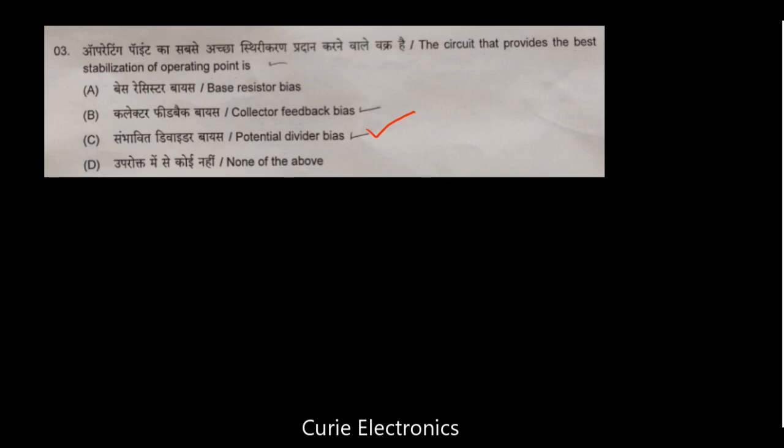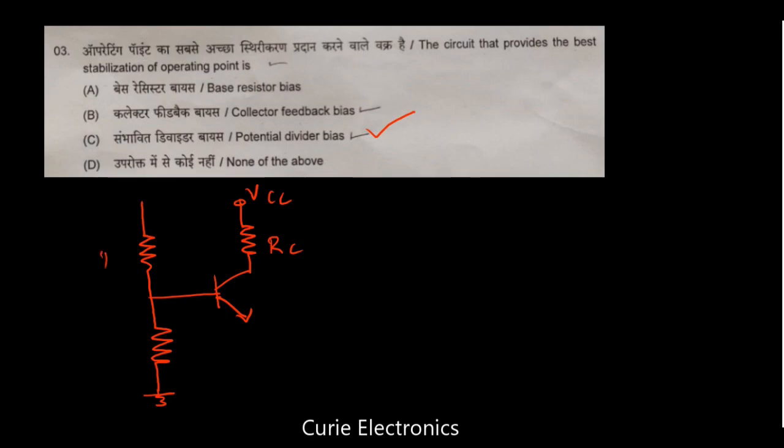In potential divider bias, we have a transistor with one resistor RC at the collector, connected to VCC. To the base there is a potential divider consisting of R1 and R2. Here also we will have one resistor, and this biasing provides good stabilization. So it is a potential divider bias.